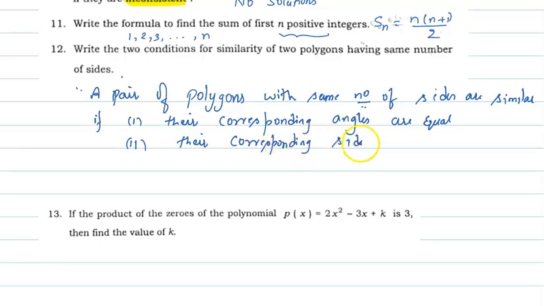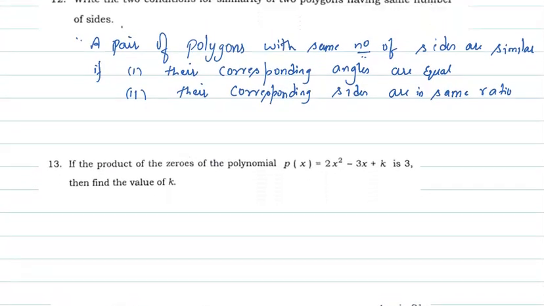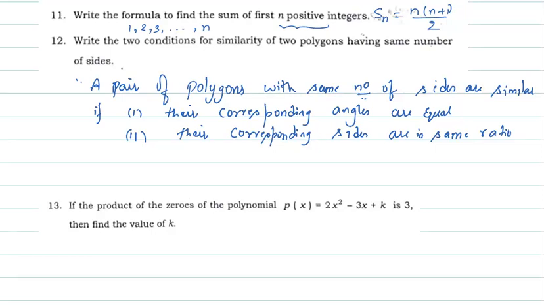Corresponding sides are in the same ratio or proportional, you can also write. So this is the answer for question number 12. These are the two conditions the pair of polygons has to satisfy to be similar.